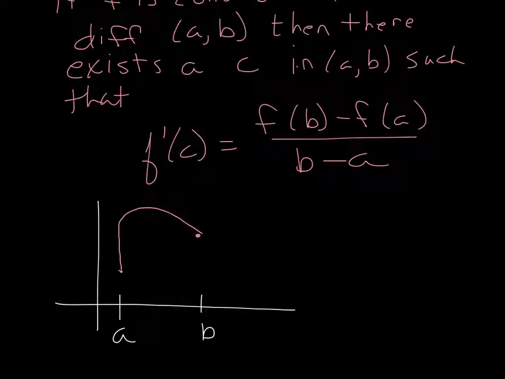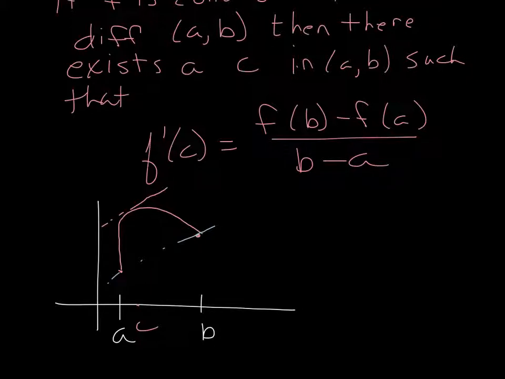There's some point where the slope of the secant line and the slope of the tangent line are the same. So here would be our C value. There's some point where the slope of the secant line between the endpoints is the same as the slope of the tangent line.